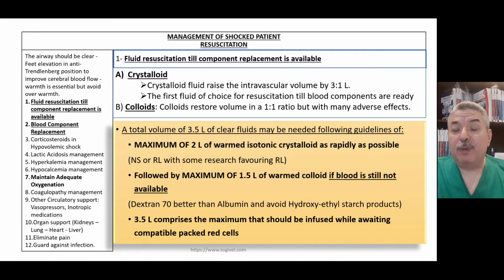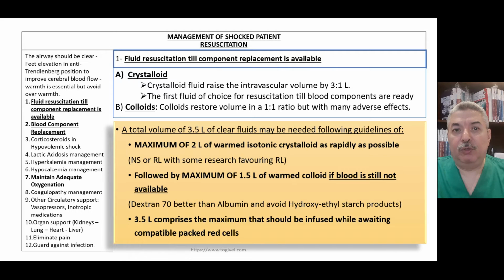Now this is a problem, because if I give 2 liters, which expand the volume only 700 cc's, and I still don't have blood available, then I am forced to give colloids. So colloids, we agreed that the maximum is 1.5 liters, on the condition that I have already given the 2 liters of crystalloids, and so I am stuck.